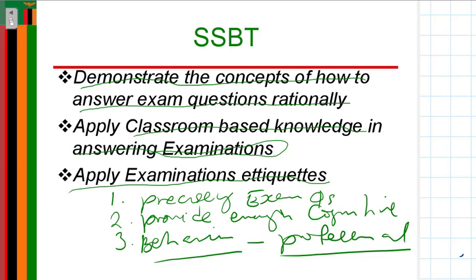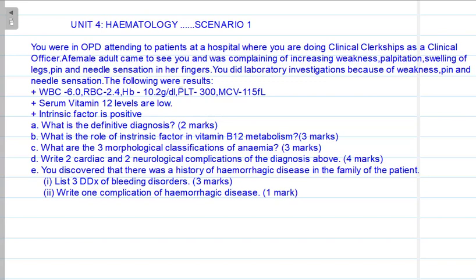Today's session is hematology. So we're looking at Unit 4 and we have the scenario that we've been given. This scenario is reading as: you were in an outpatient department attending to patients at a hospital where you are doing clinical clerkships as a clinical officer.